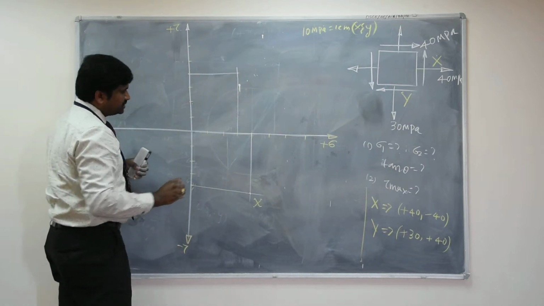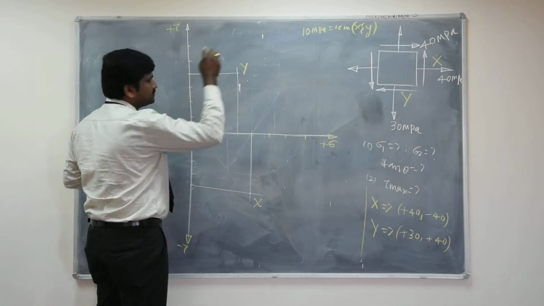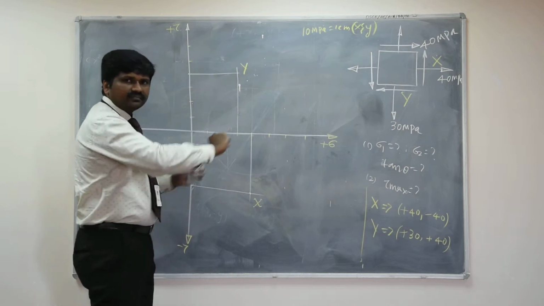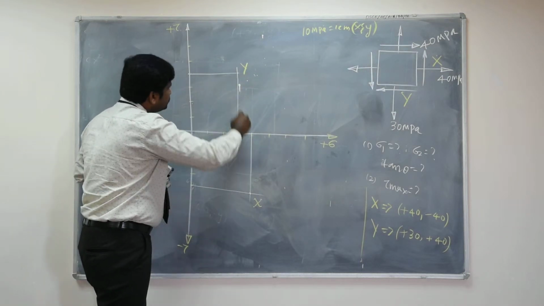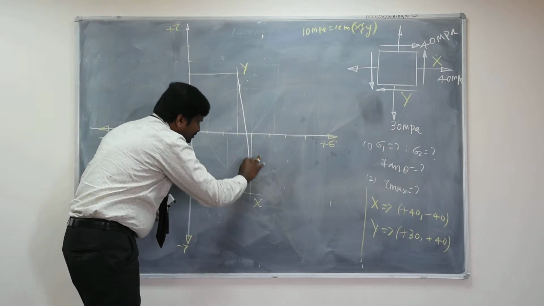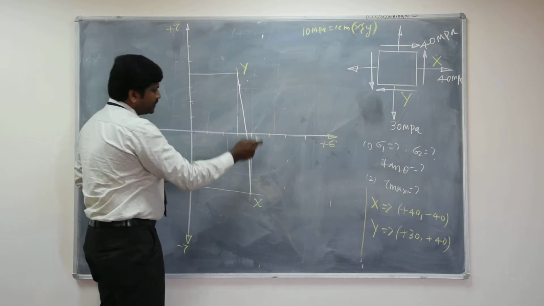This intersection, which is this point? This point is y. Okay. Now join x to y by a straight line. You have just joined x to y.